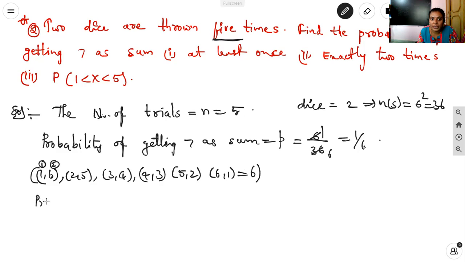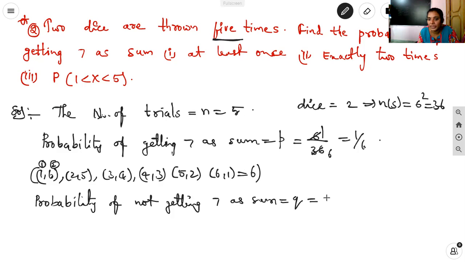Next, probability of not getting 7 as sum, that is q, equal to 1 minus p, equal to 1 minus 1 by 6. Taking the LCM, we are getting q equal to 5 by 6.